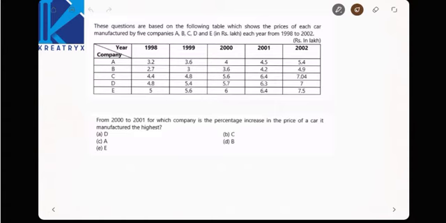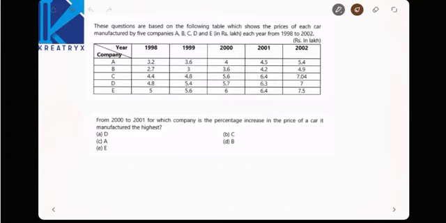In 1998, company A car cost was 3.2 lakh. For company B in 1999, the car cost is 3 lakh. Now have you observed the data? Shall we go to the questions? Now see the questions.